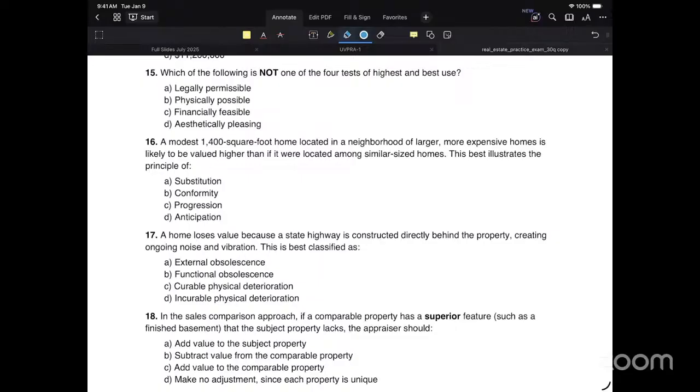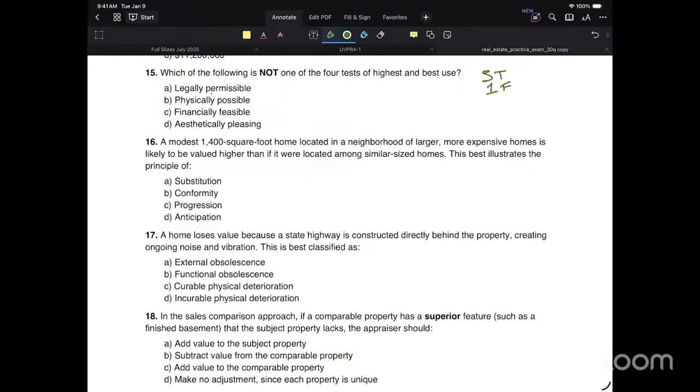Which of the following is not one of the 4 tests of highest and best use? All right, so we're looking for the one. There's going to be 3 that are true and 1 that is not.